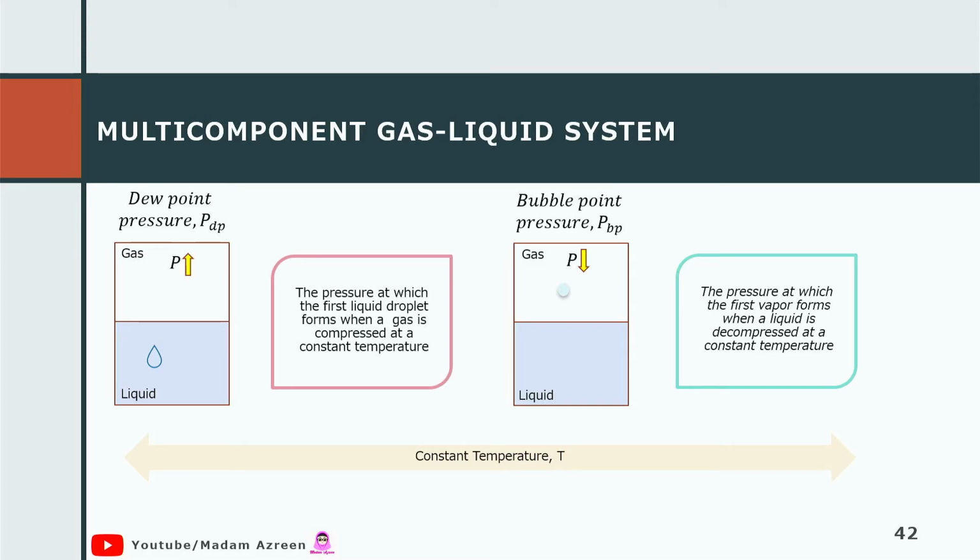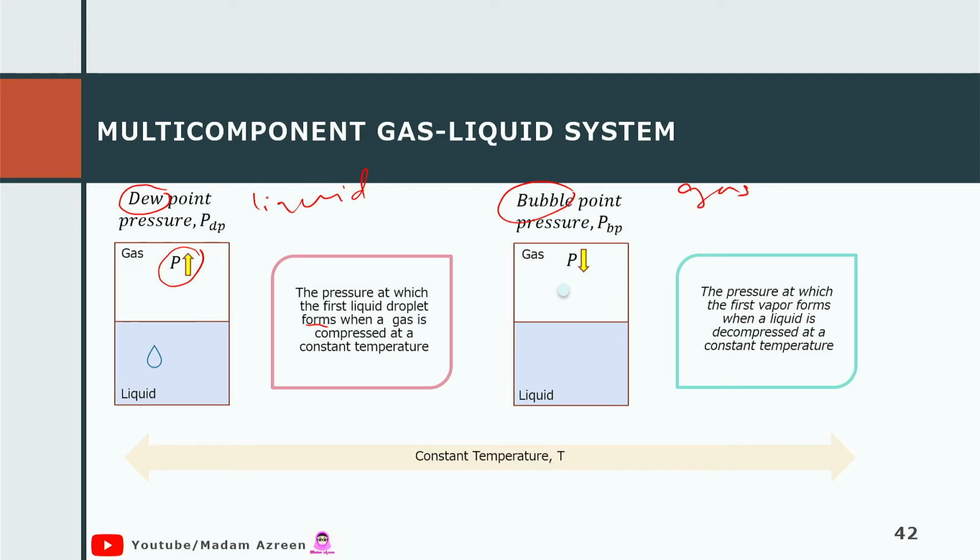A dew point pressure is the opposite: when you compress, meaning you increase the pressure, this gas will form a liquid, and when the first liquid droplet forms, that is called the dew point pressure. So dew is when it becomes a liquid, and bubble is when it starts to form a gas.